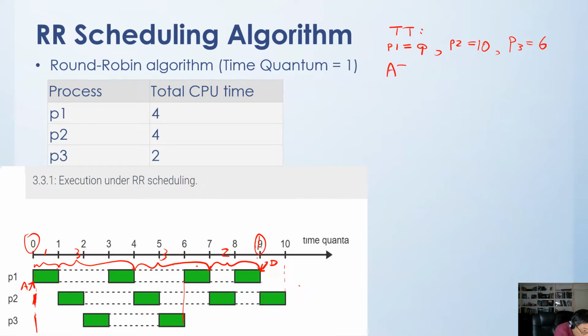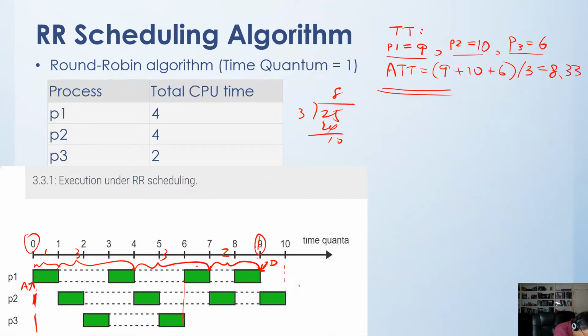So the average turnaround time is 9 plus 10 plus 6, divided by 3. So that's 25 divided by 3, which is 8.33. Okay, that's the turnaround time for each process, and that's the average turnaround time.